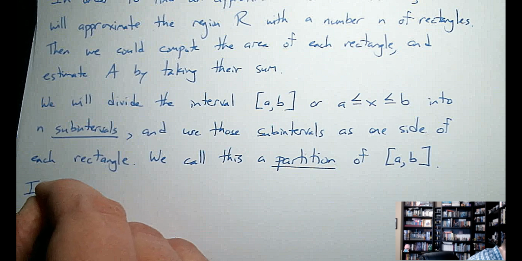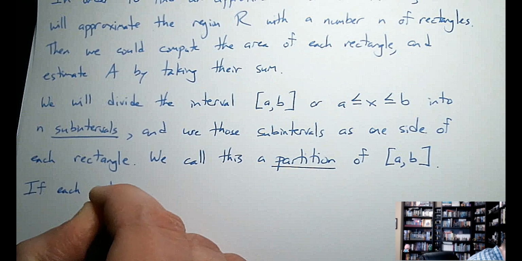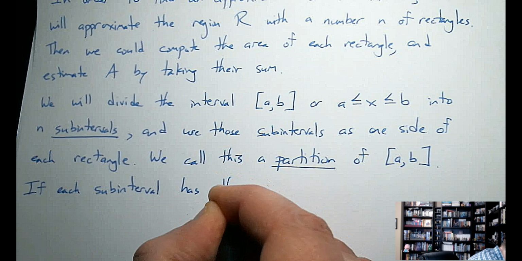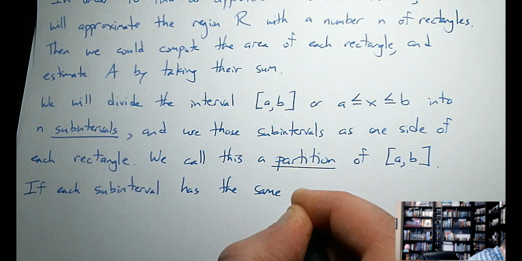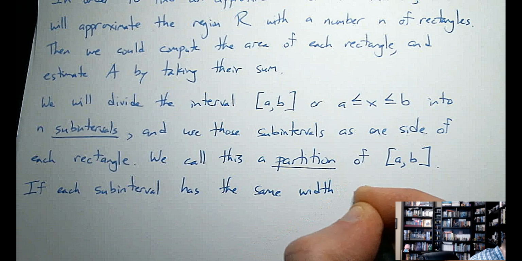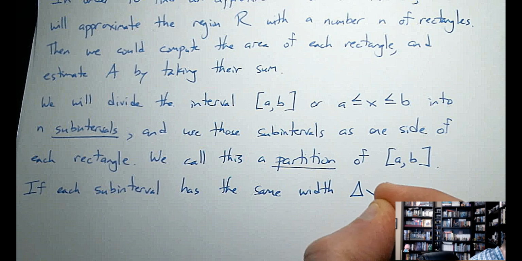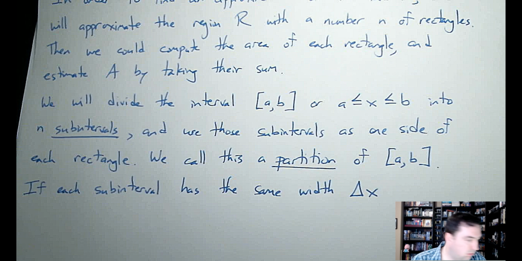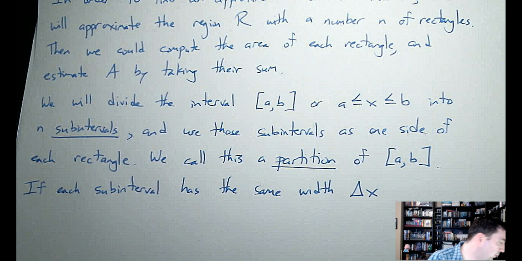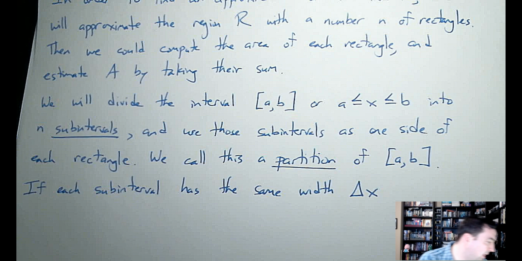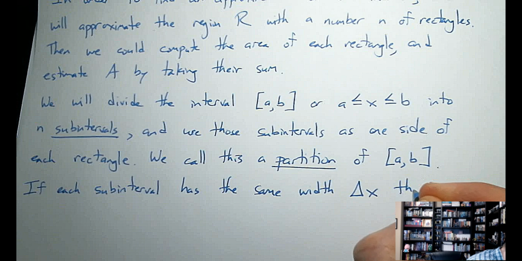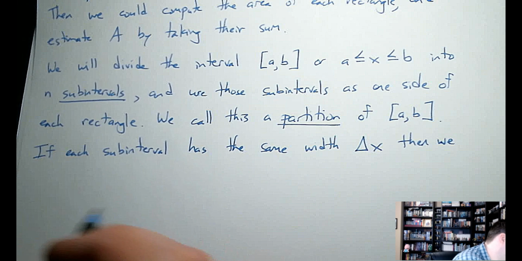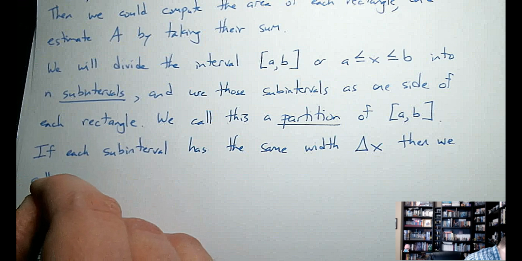So if each subinterval in the partition has the same width, let's call that, say, delta x, because it will be a difference along the x-axis, hence the delta for difference. So if each subinterval has the same width, delta x, then we specifically call this partition a regular partition.